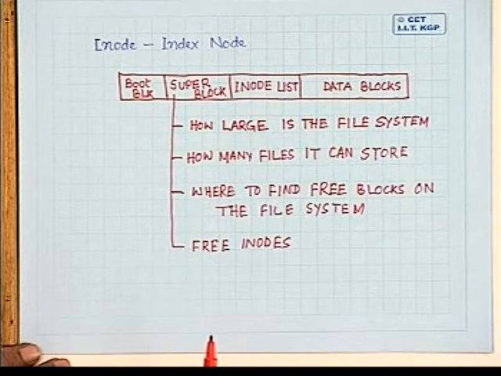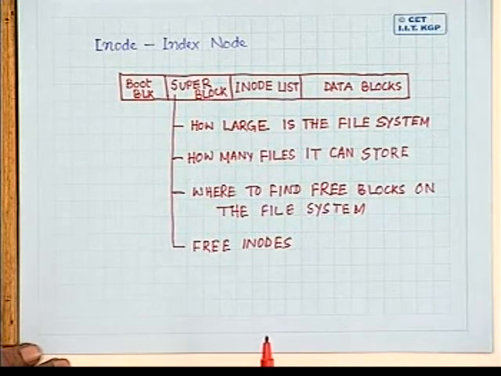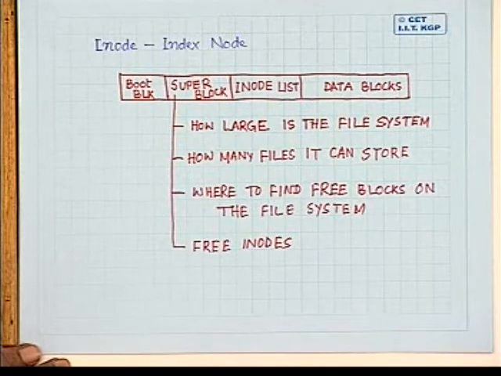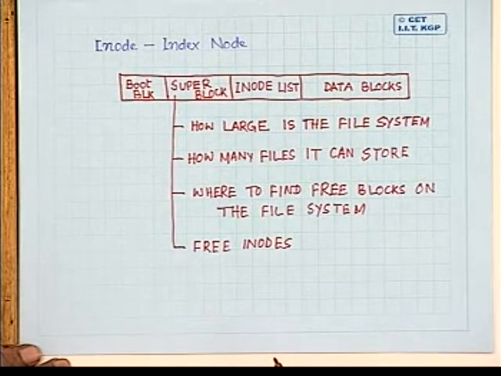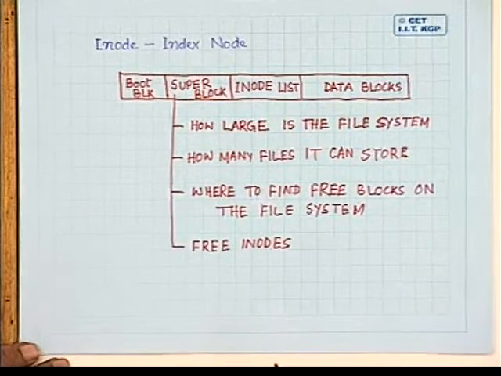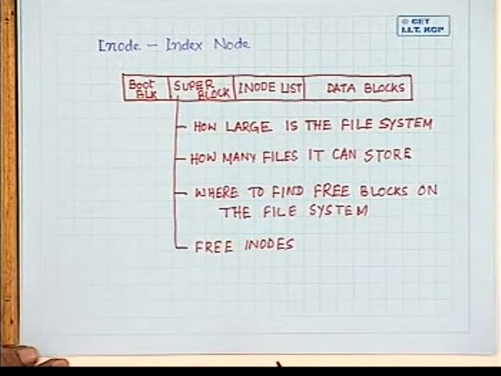Okay. So you find that in many cases, I don't know whether you have faced any such situation or not, when we try to create a new file, or we try to create a new directory, you get an error message that file system full, even though there is a lot of disk space available on the file system.